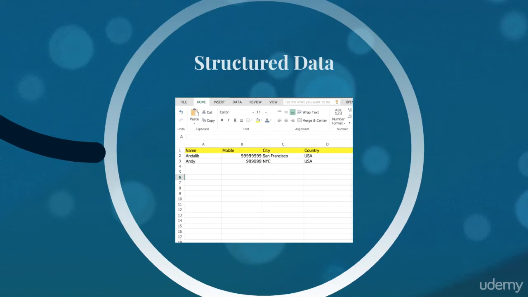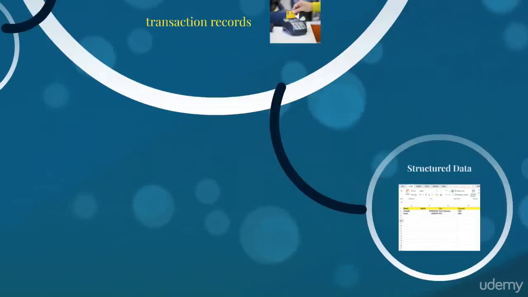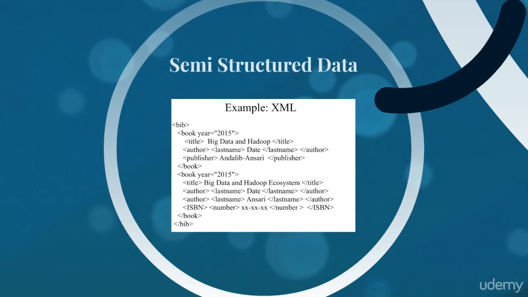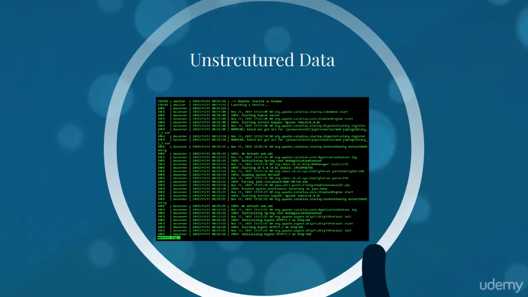Any data which you see in an Excel file or data stored in any database tables are structured data. Semi-structured data, an XML file would be a good example. Logs generated by servers are unstructured data.